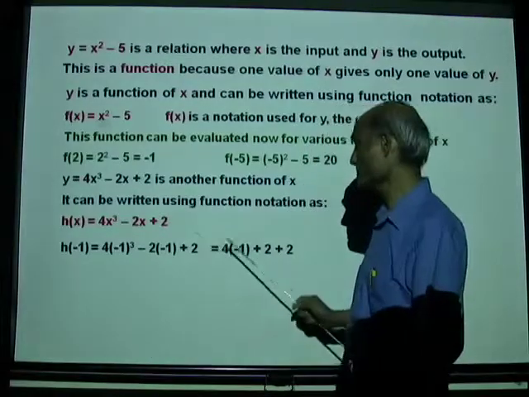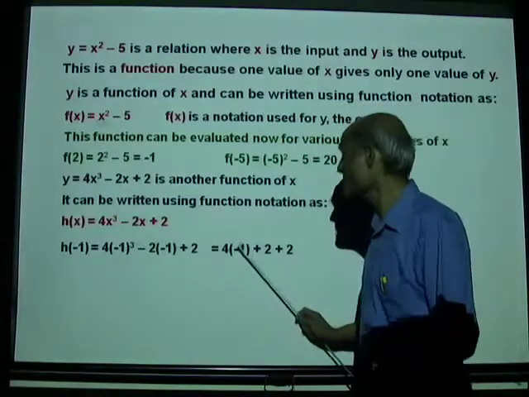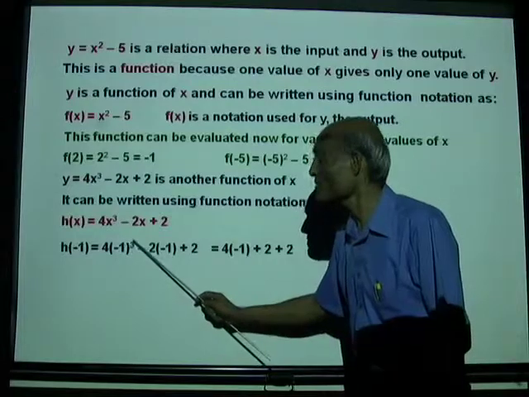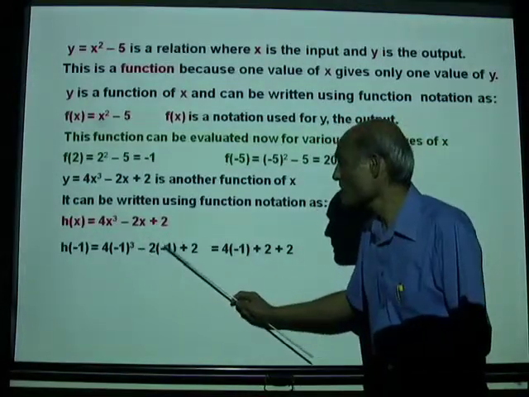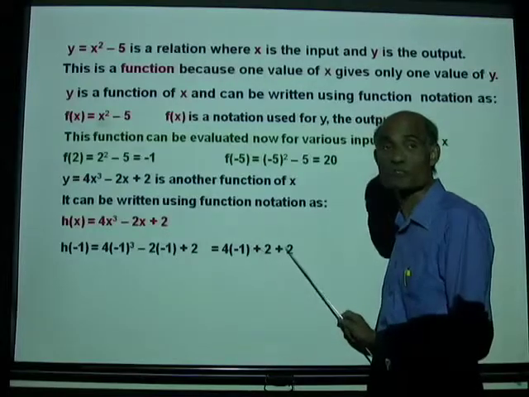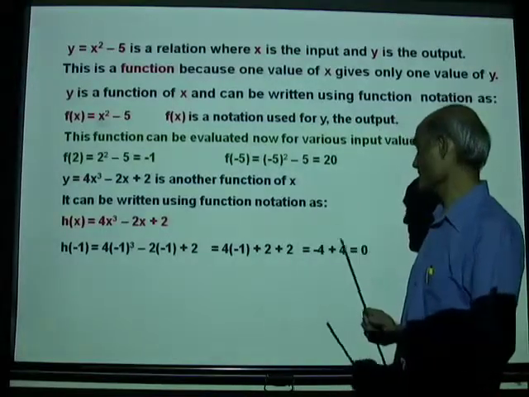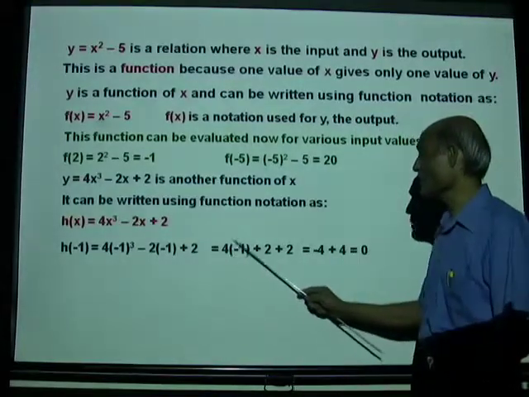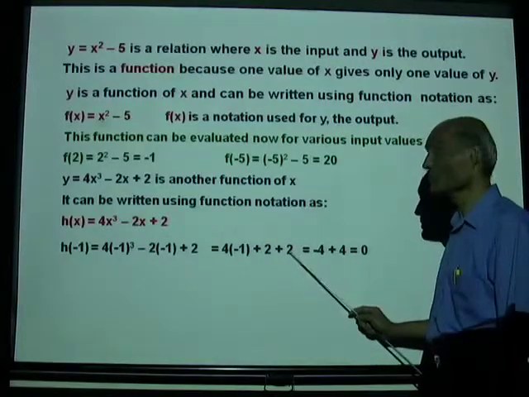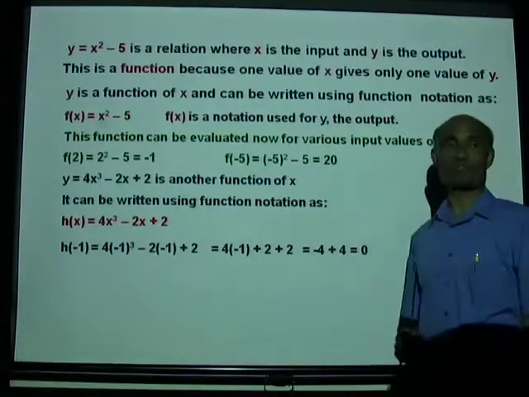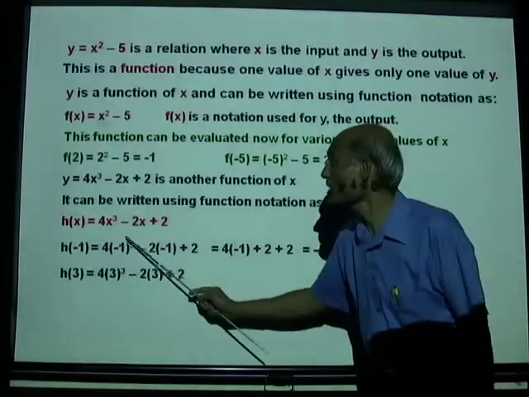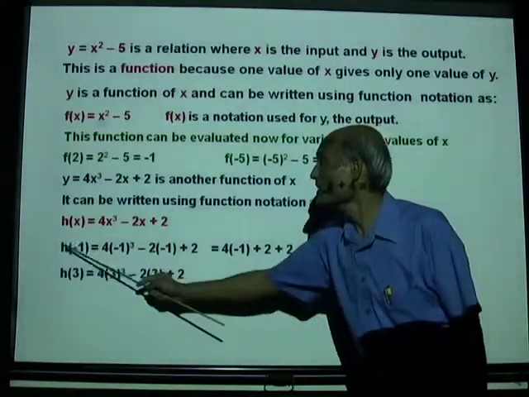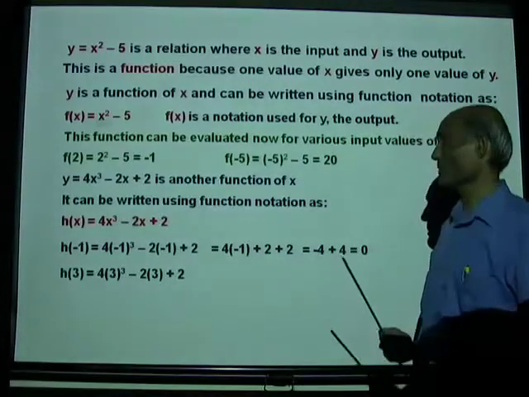That should give you 4 times negative 1, because negative 1 to the power of 3 is negative 1, plus negative 2 times negative 1 is positive 2, plus 2. And that will be negative 4 plus 2 equal to 0. So when the input equals negative 1, the output equals 0.